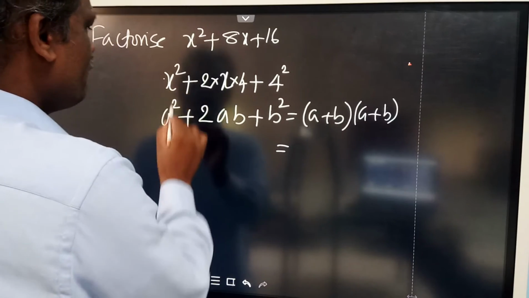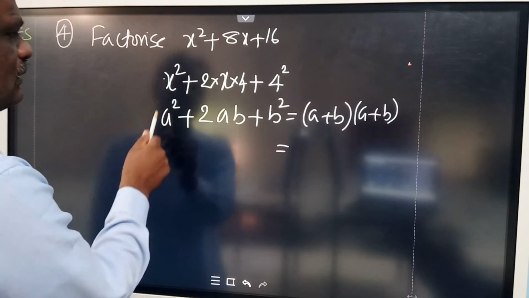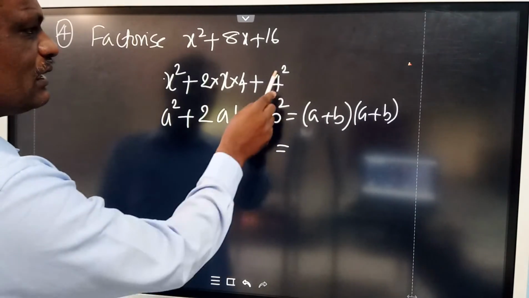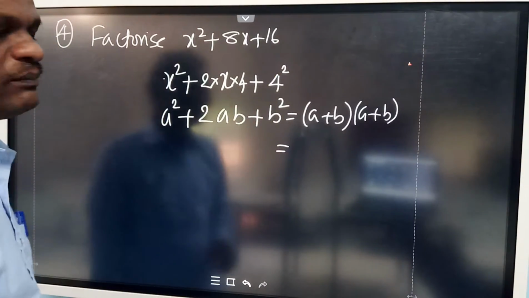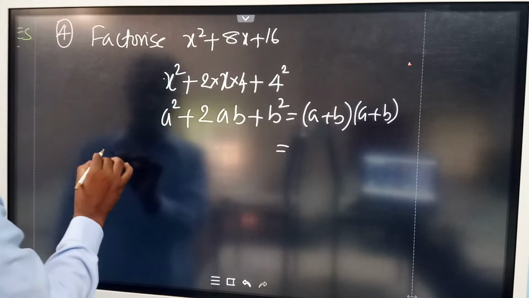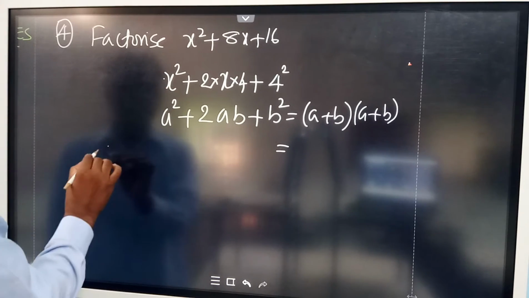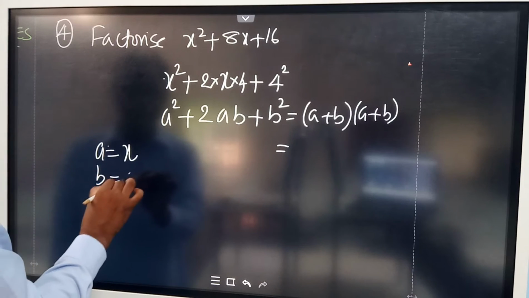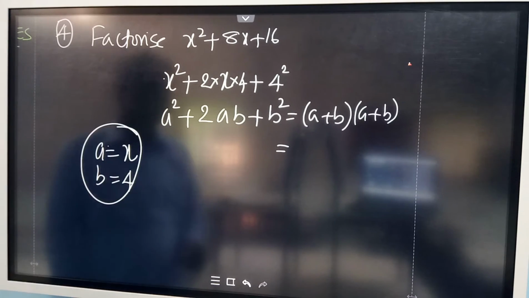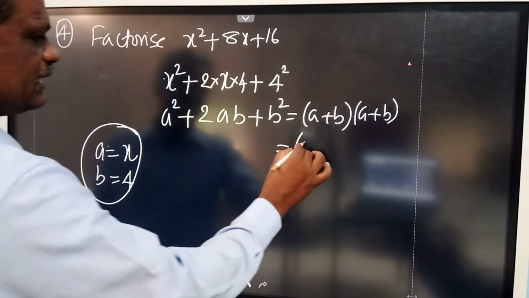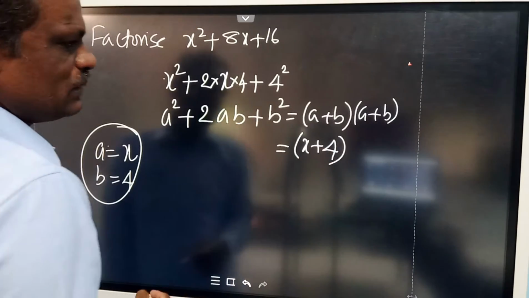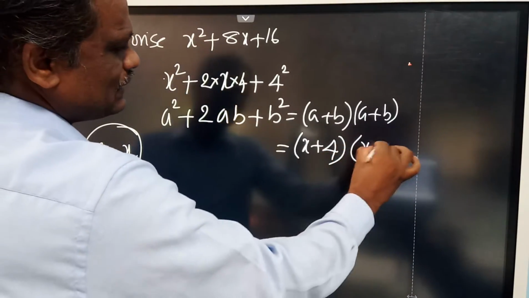Compare: a square, here we have x square, so a is x; b square, here we have 4 square, so b is 4. Substituting these two values, x plus 4 into x plus 4.